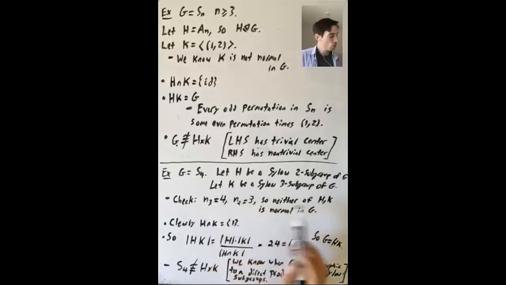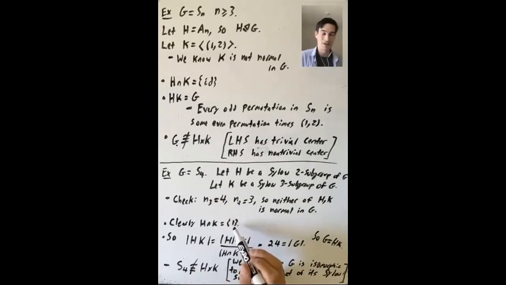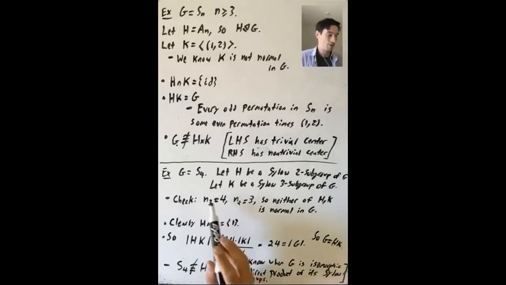So neither one of H and K is normal in G because a Sylow p-subgroup is normal in a group G if and only if there's a unique Sylow p-subgroup in G. It's clear that H intersect K is the trivial subgroup by Lagrange's theorem. If a subgroup of size 8 and a subgroup of size 3, they certainly intersect only in the trivial subgroup.